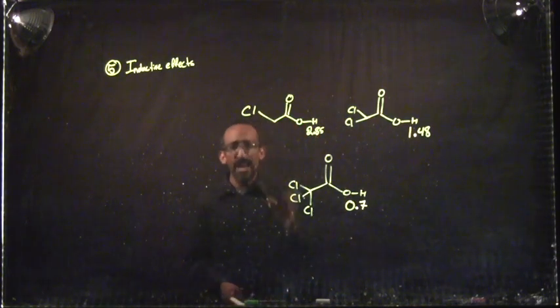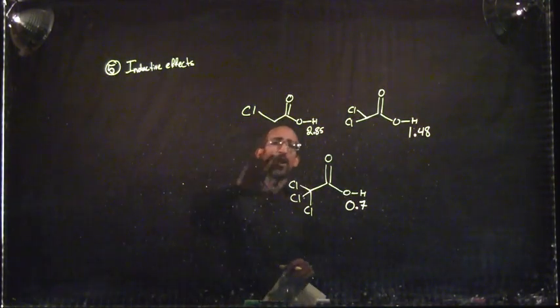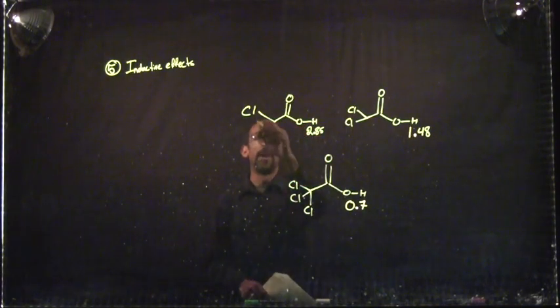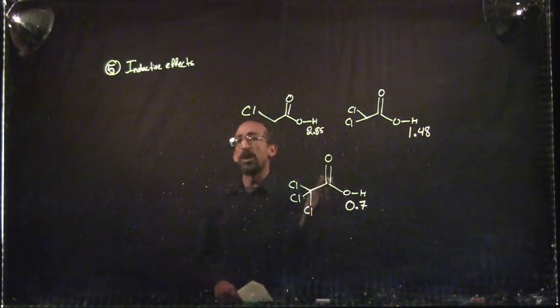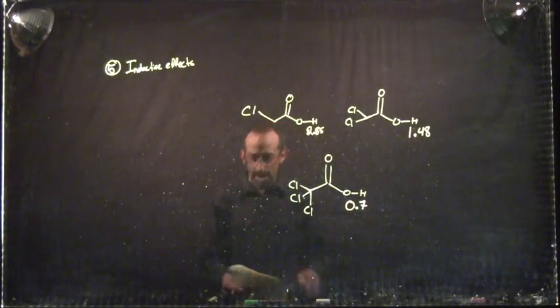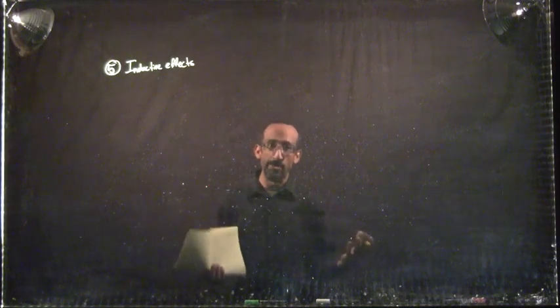The last thing we need to take a look at in terms of inductive effects is how far away, right? So everything we've done so far has only been an electronegative atom 4 bonds away from our hydrogen. What if we start moving further and further out in a molecule? And so we're going to take a look at how that impacts it next. So in terms of distance from our acidic hydrogen, this scenario is best demonstrated by looking at chlorinated derivatives of butyric acid, right?